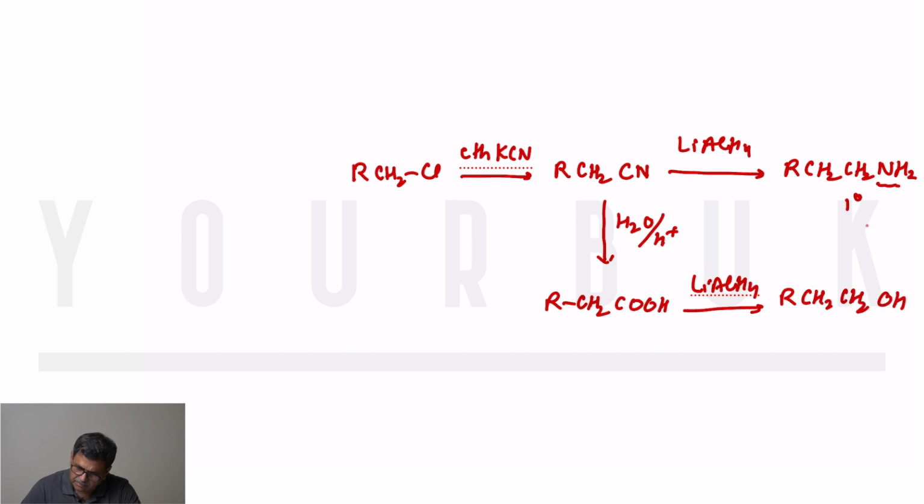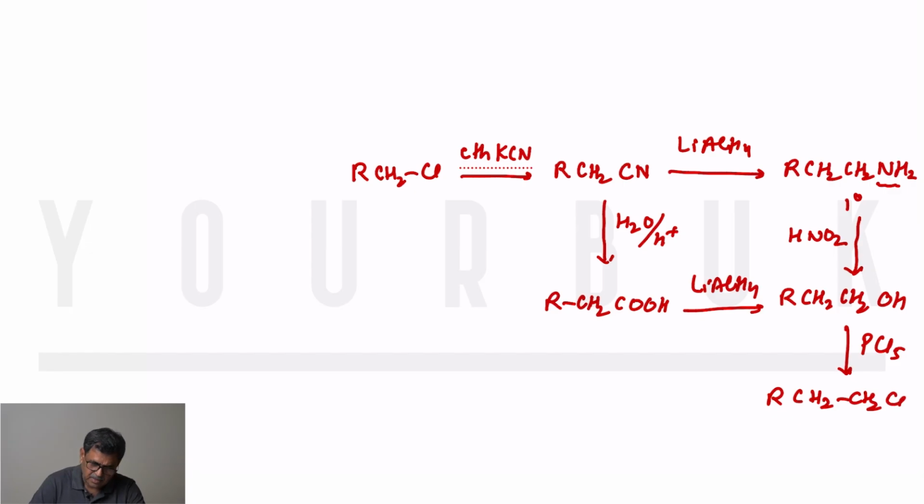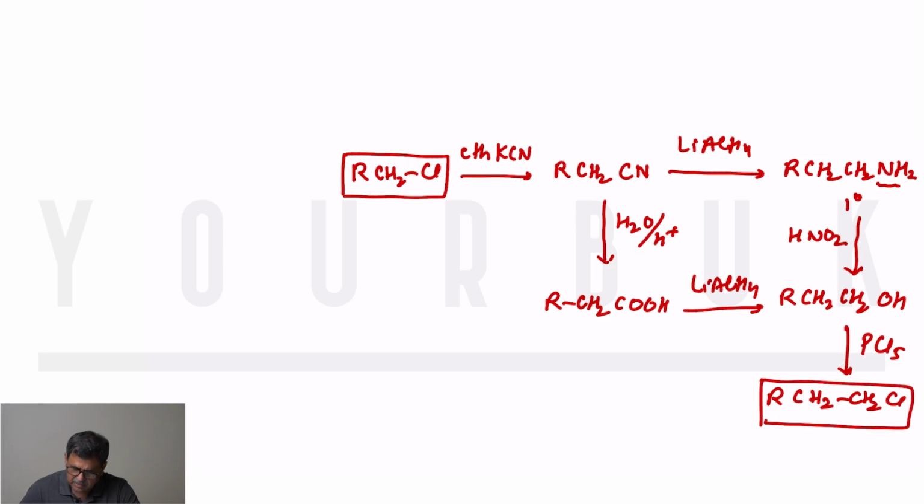This is a primary alcohol, but amine can also be hydrolyzed to alcohol using nitrous acid, right? And once OH is formed, I can change this into chlorine by using PCl5. So if you see this now, I can change one chloroalkane into another with one more carbon atom. So chloroalkane to chloroalkane with one carbon more.